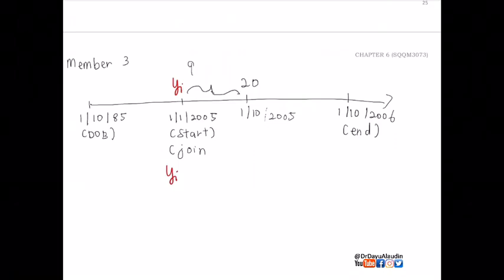The difference here is 9 months. So yi is 20 minus 9 over 12, which is 19.25. Zi is 21.